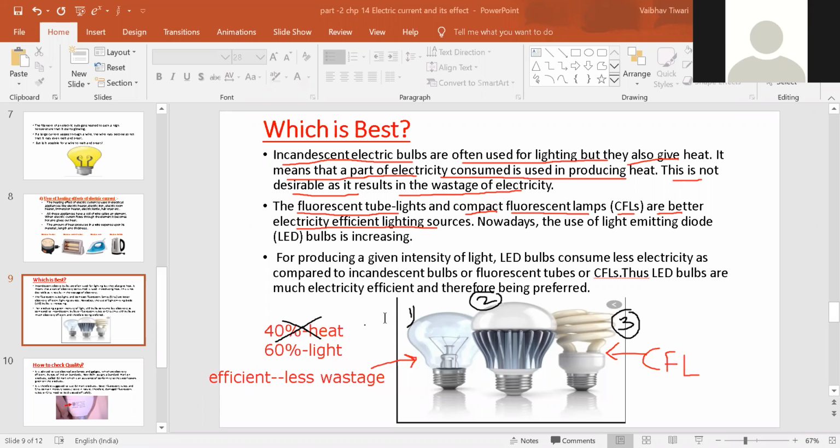If we are saying that CFL is electricity efficient, it means it is not wasting a lot of electricity, right? And desirable means that we want.